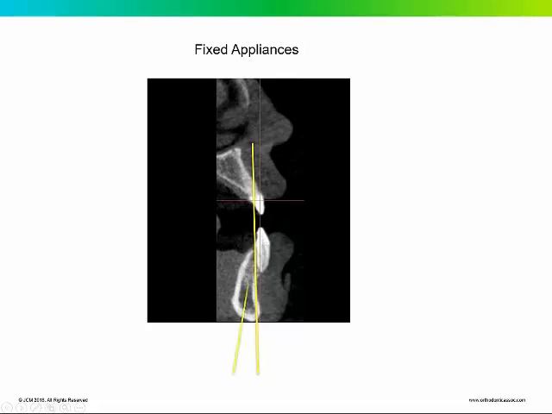Then you draw another line that comports with the center of the anatomy of the alveolar housing. And that angle that's created is the amount of degrees you need to correct the position of that root. And that's with fixed appliances. If the bracket was on the labial, this line would just go through the slot on the labial.